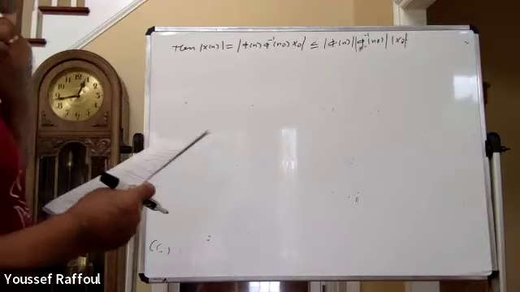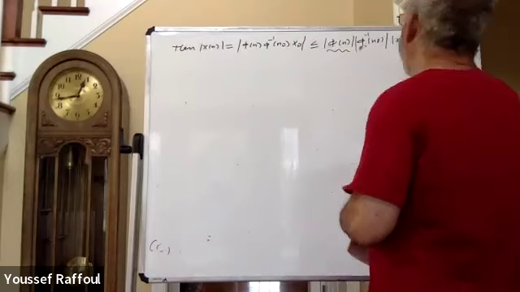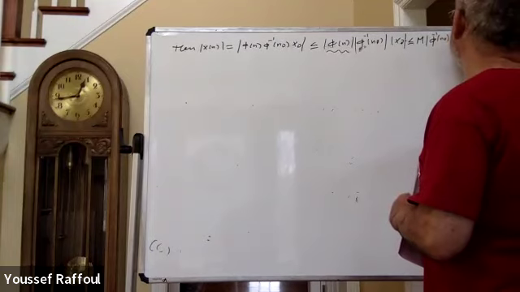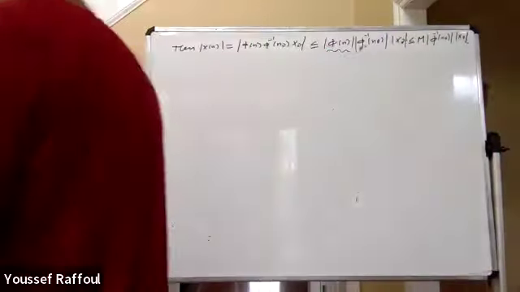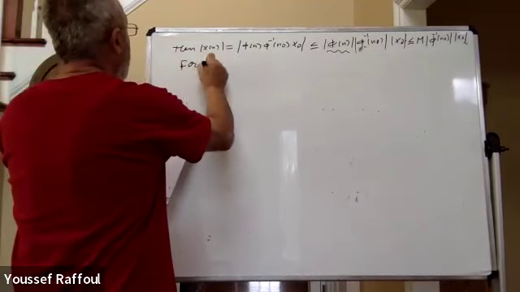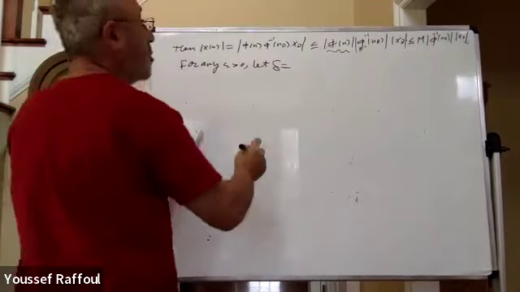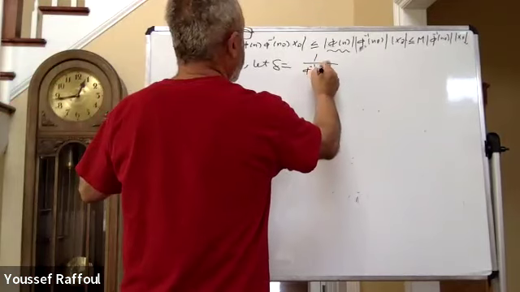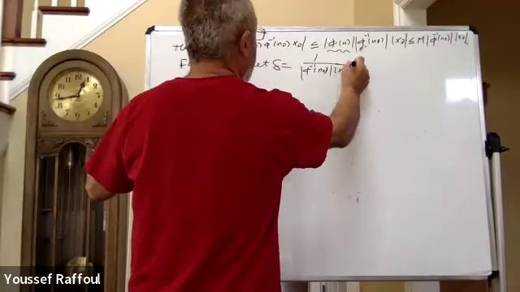Now, what do we know about phi_n? This is less or equal to m. Phi inverse of n_0, x_0. Now, for any epsilon positive, let delta equal to 1 over phi inverse of n_0, x_0.